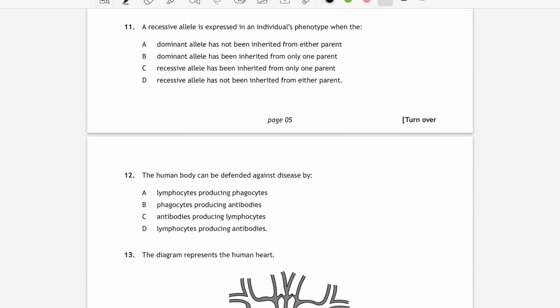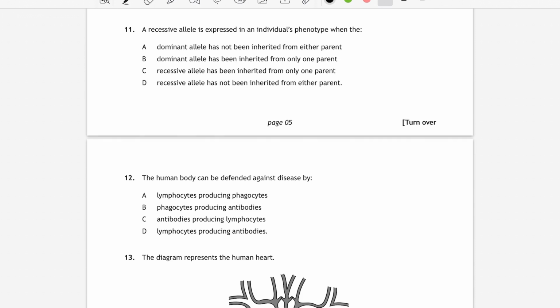Number 11. A recessive allele is expressed in an individual's phenotype when the something, so A, B, C, or D. Again, pause the video, have a read, see how you get on, and I'll explain in a moment. So, a recessive allele is expressed in an individual's phenotype, so what they look like. Okay, so we're looking at a dominant allele has not been inherited from either parent.